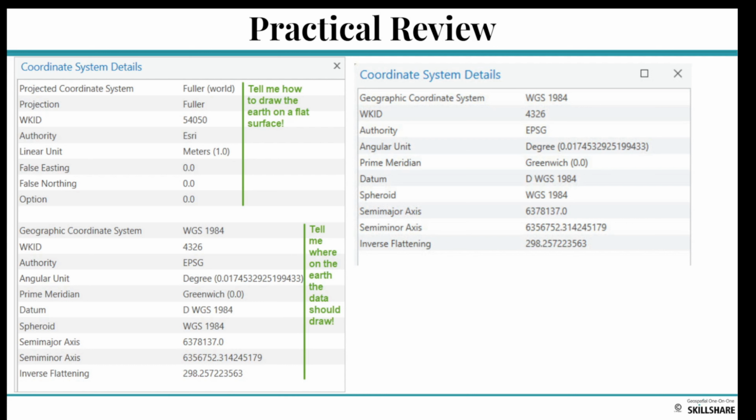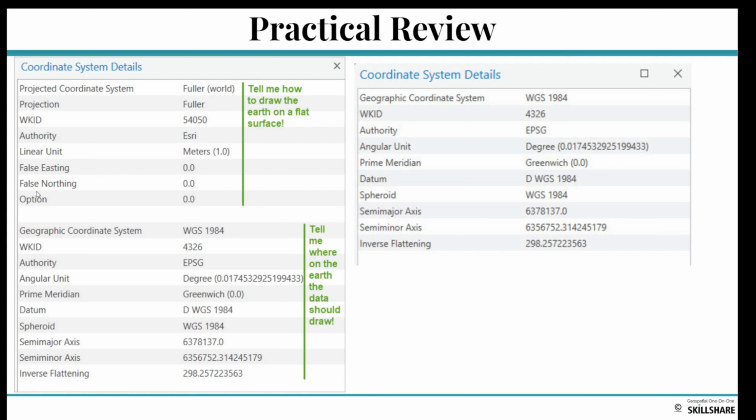So if you are using a national based coordinate system, mostly on the country level, they are more interested in details. So their linear measurement is in feet. Whenever you see a projected coordinate system that has a linear unit of feet, it means it's a country level coordinate system.